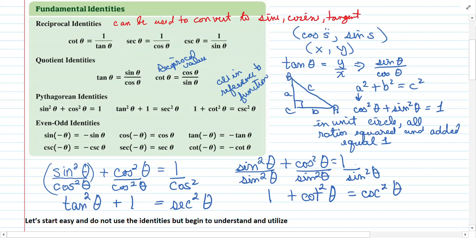Now these bottom ones, you don't have to memorize, you just have to know to divide completely through one or the other to get your desired identity.